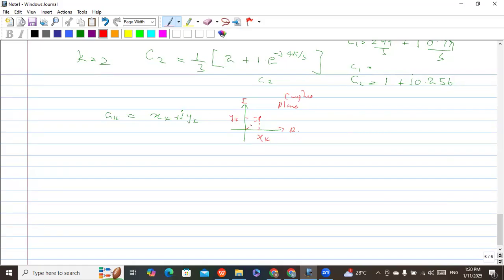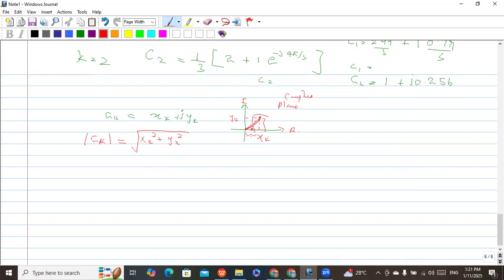And if you consider this value, we call it the magnitude of this complex number, that is the magnitude of Ck. You can find the magnitude of Ck using the Pythagoras theorem. So it will be the square root of xk squared plus yk squared. That is the magnitude of this complex number.